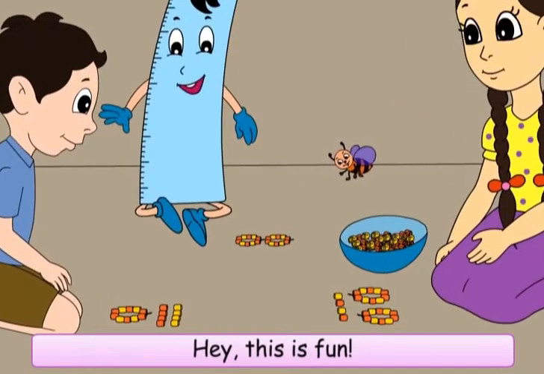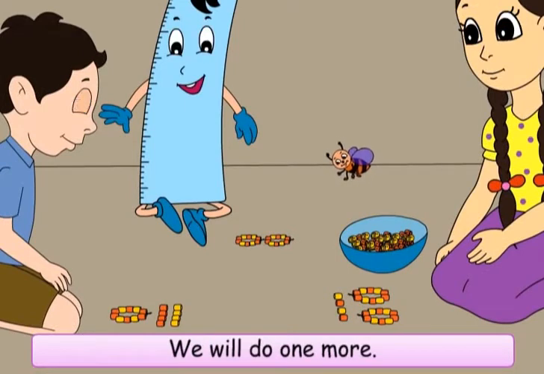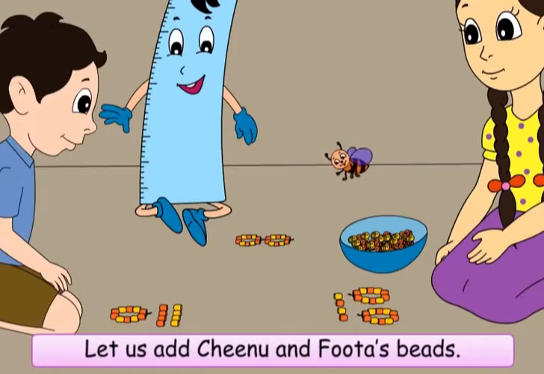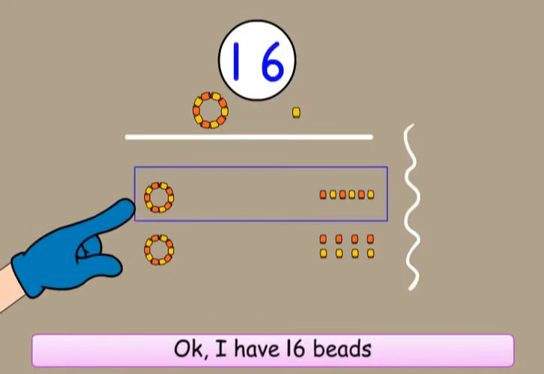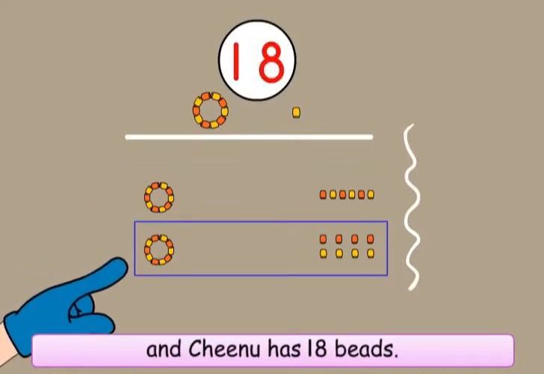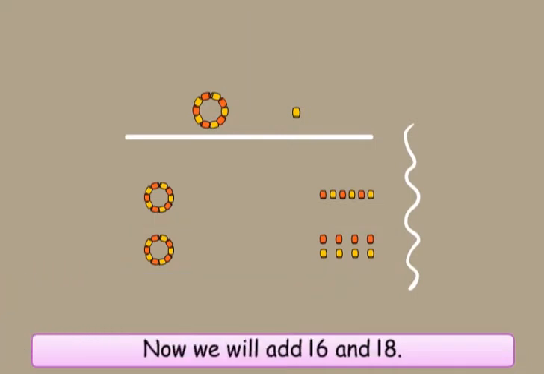Hey, this is fun. We will do 1 more. Let us add Chinu and Futa's beads. Okay, I have 16 beads and Chinu has 18 beads. Now we will add 16 and 18.